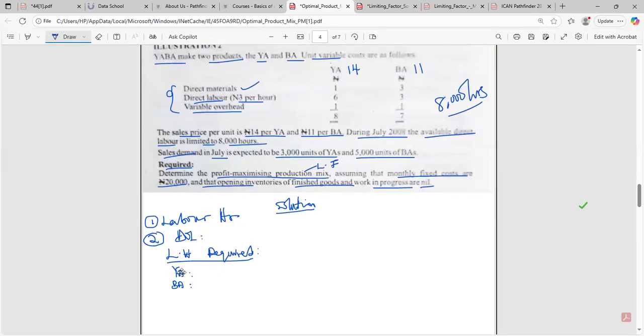So what is the labor hour per unit for Ya? They did not give us labor hour per unit, but I've told you, if you have 3 naira per hour here and 6 naira here, you just say 6 divided by 3. For Ba, it is 3 divided by 3. So here, 6 divided by 3 is how many hours? Then 3 divided by 3 is how many hours?